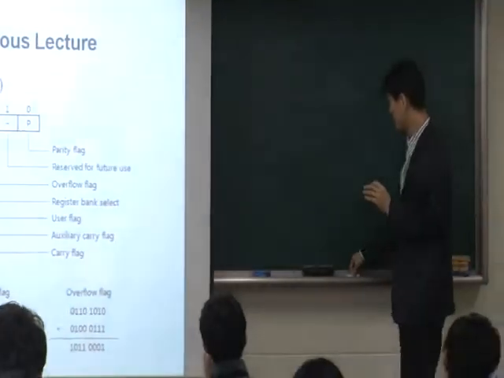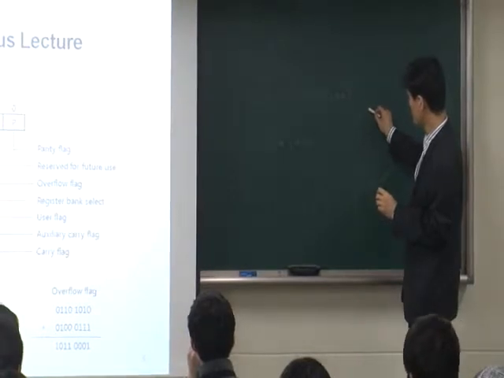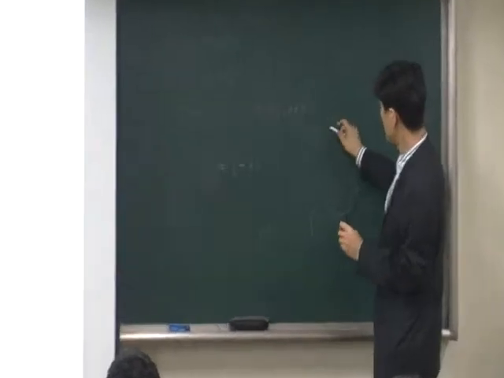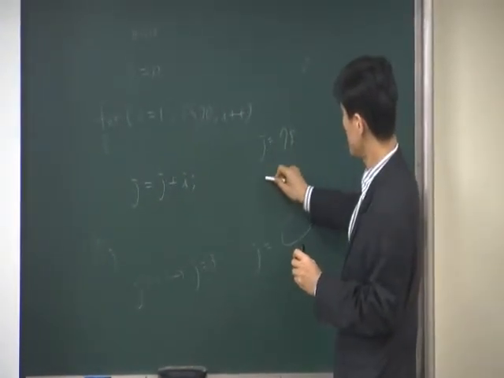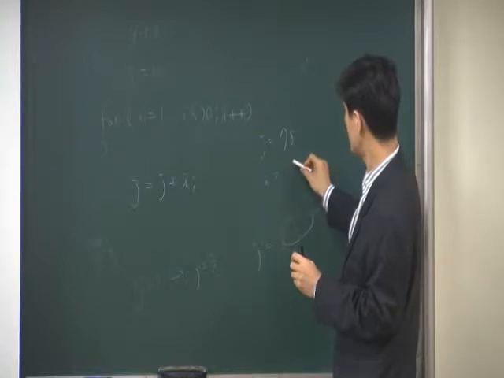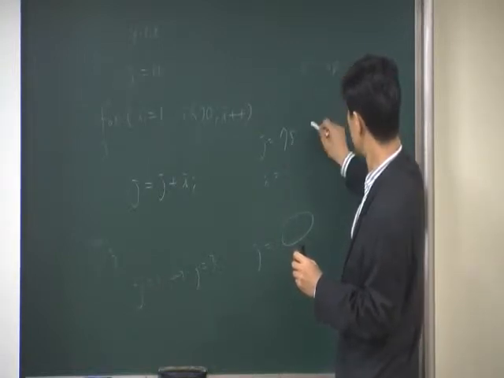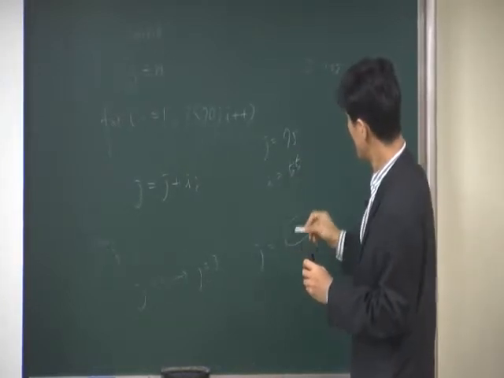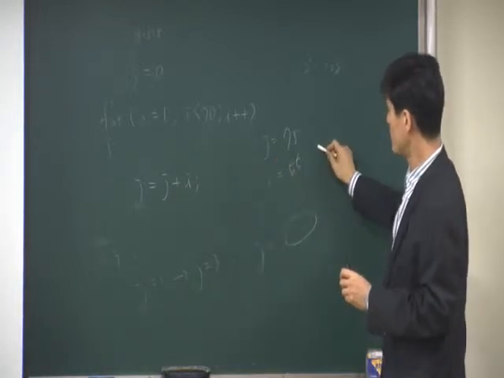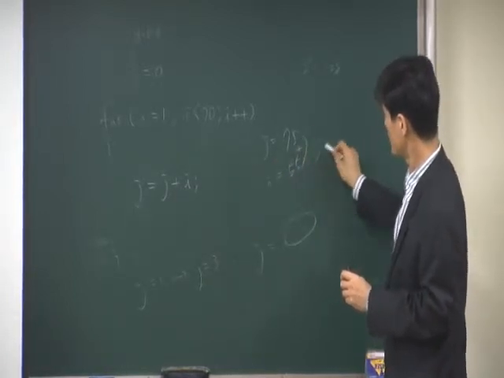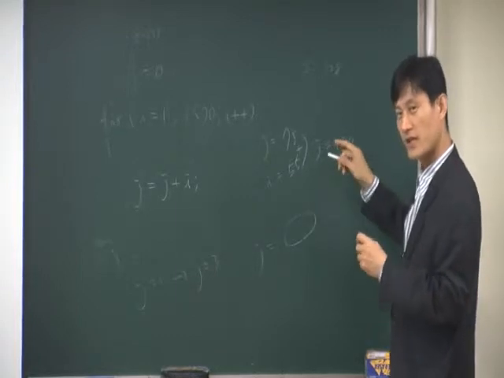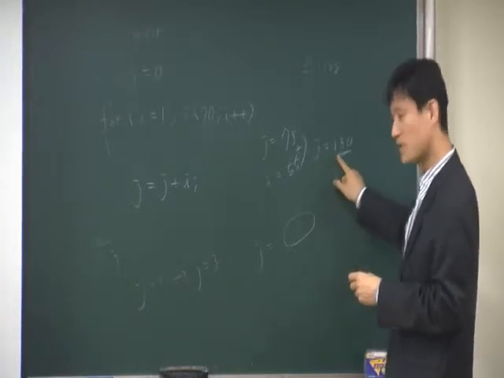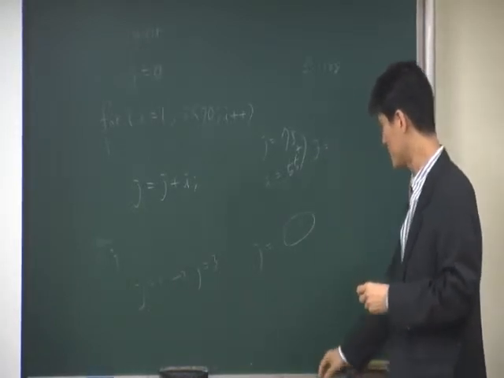Like at some point, J was 75, and now our new I was, let's say, 55. So you do addition, and the output becomes 130. If this happens, now instead of J equal to 130, what you have is 2.